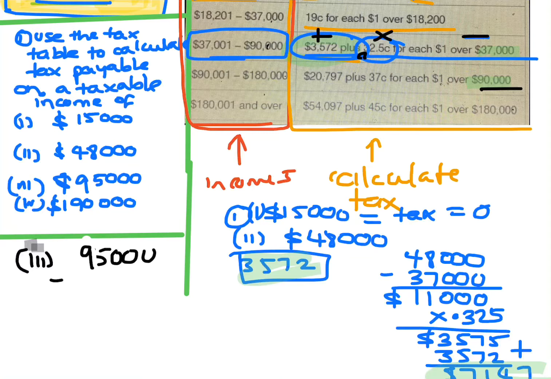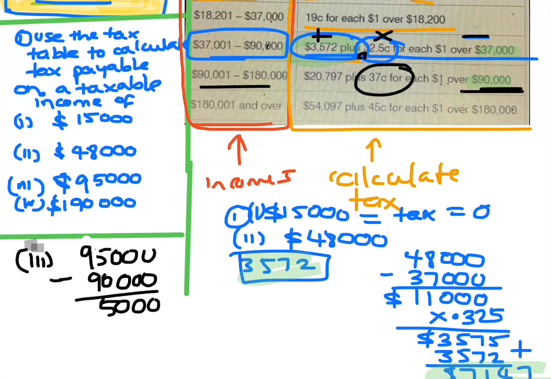So it's 95,000, that's in the fourth bracket. So you take away the 90,000 and you get 5,000. Then you get 37 cents, so times 0.37, because you've got to change it to dollars. So for 5,000, you're going to get 37 cents for each of these dollars that is over 90,000. So it's 1,850.